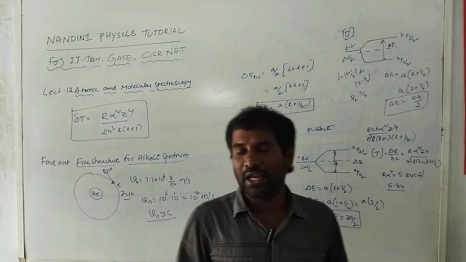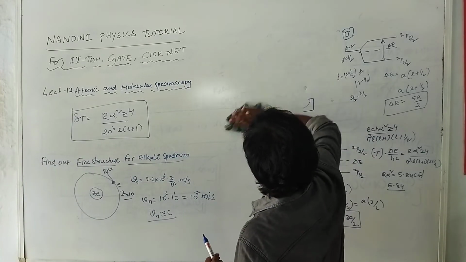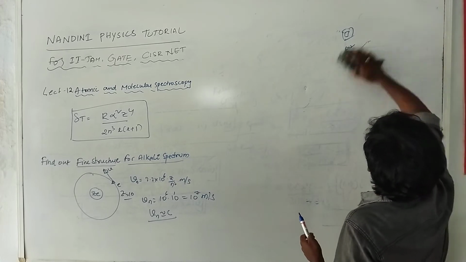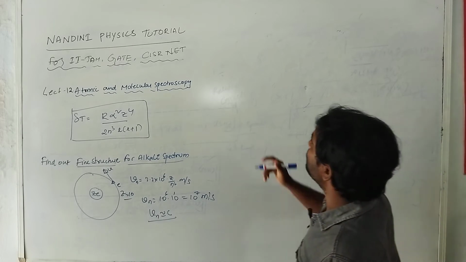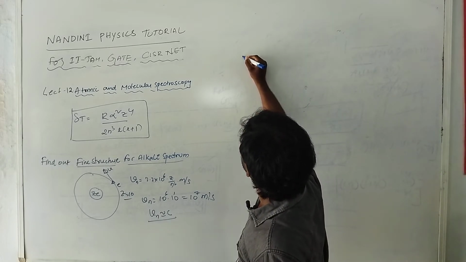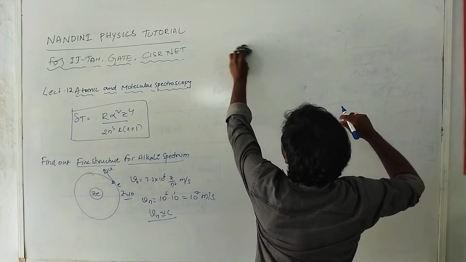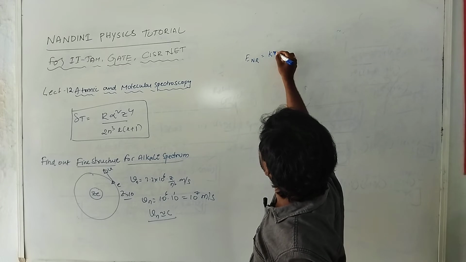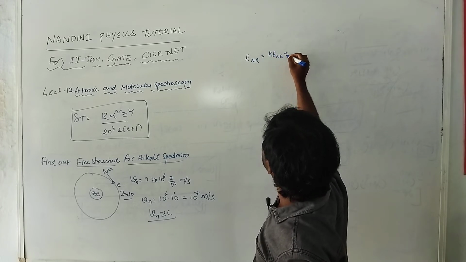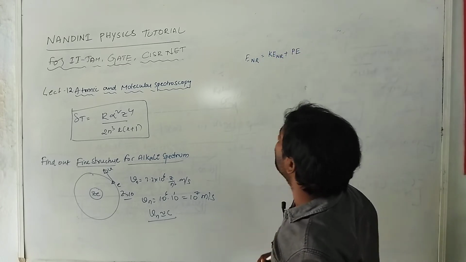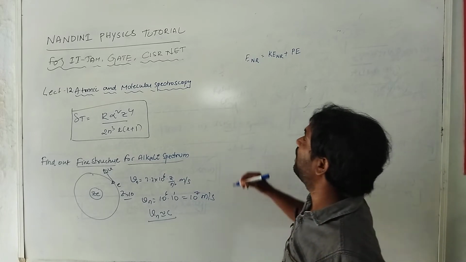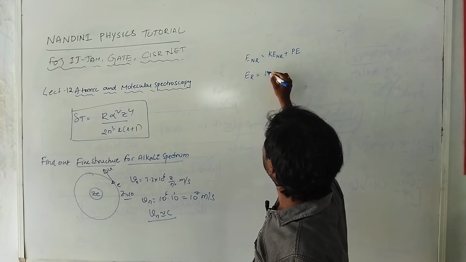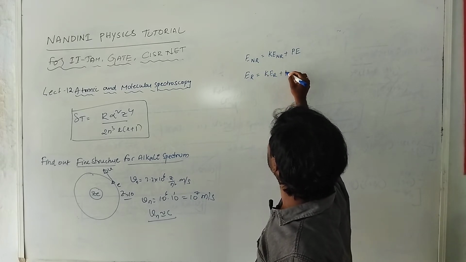Why? Because in the non-relativistic case, the total energy is equal to the kinetic energy in non-relativistic plus the potential energy. This is the formula for the non-relativistic case. In the relativistic case, ER is equal to the relativistic kinetic energy plus the potential energy.